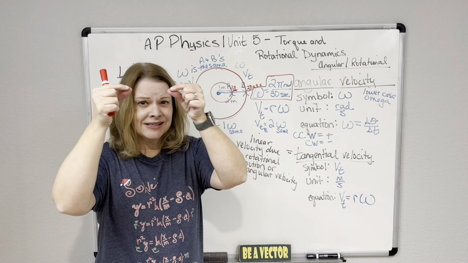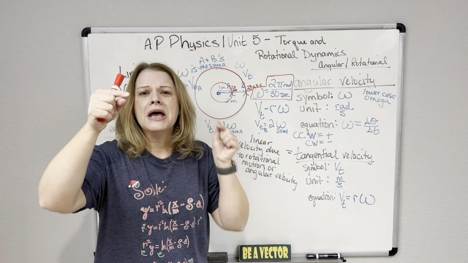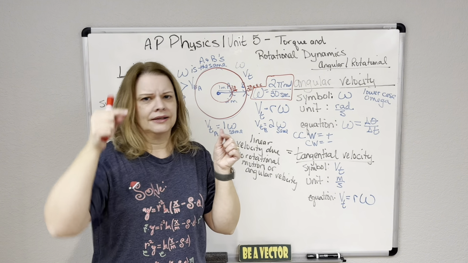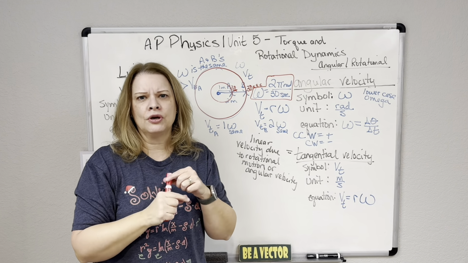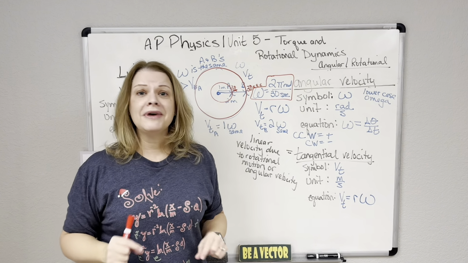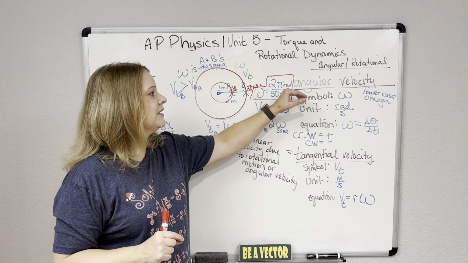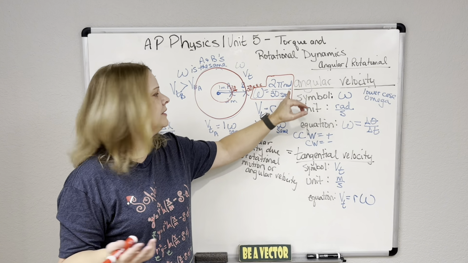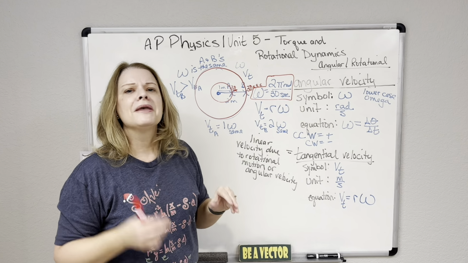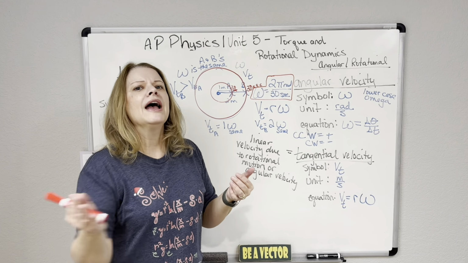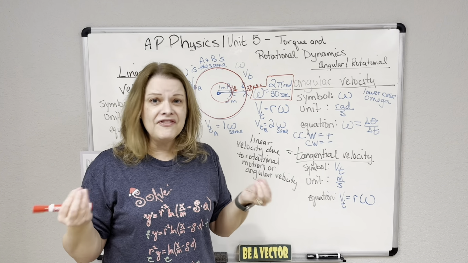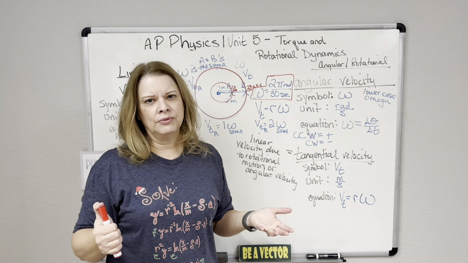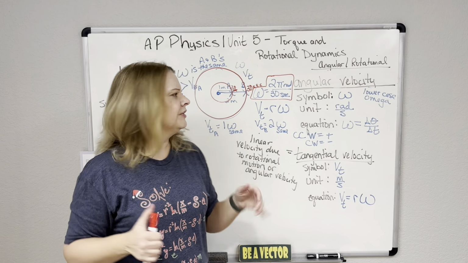Somebody up by Alaska, close to the axis, has a little bitty path to go in 24 hours. Both have the same angular velocity. They're both making one revolution, or 2 pi radians, in 24 hours. But the one on the equator has to be traveling a lot faster. And that is exactly what happens for their tangential velocity.